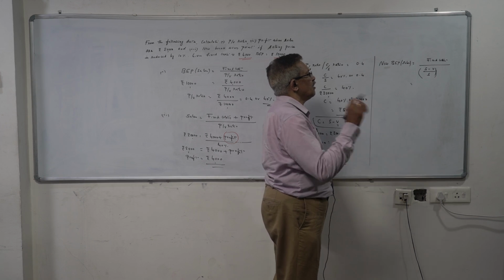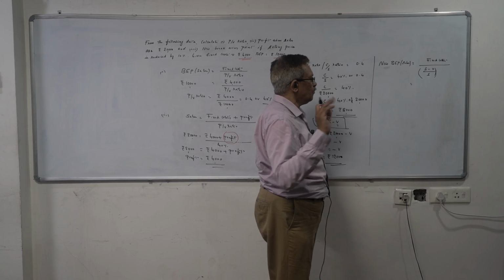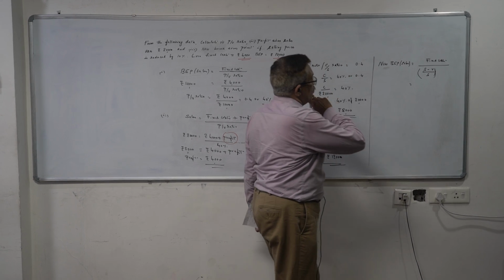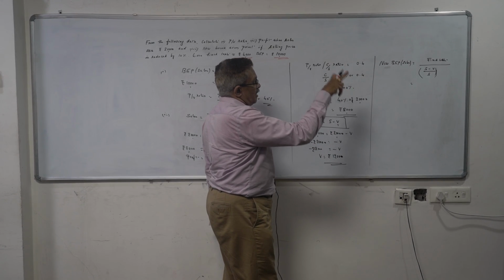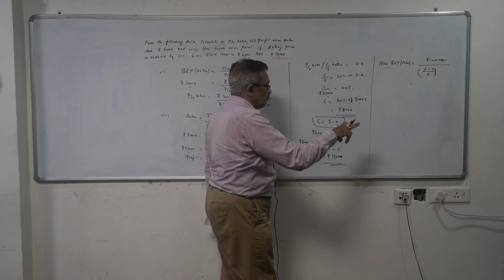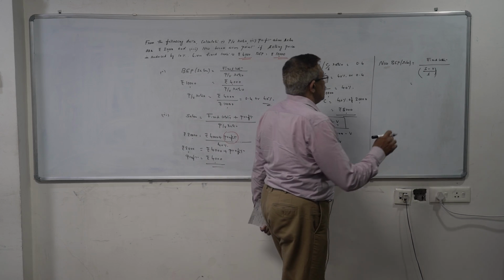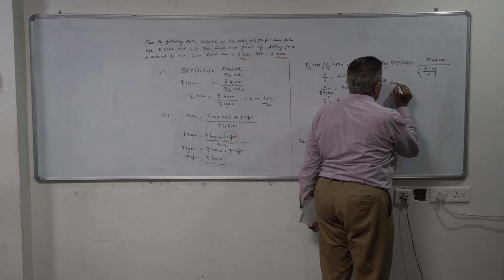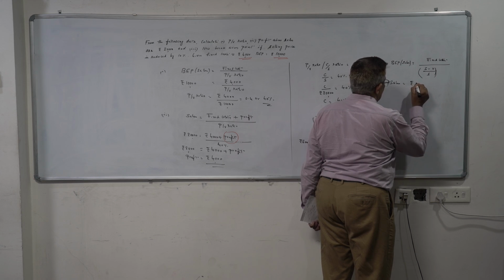So let us assume that the variable costs are going to be the same, but now as per the problem, the sales price is reduced by 10%. So the earlier sales figure is rupees 20,000.